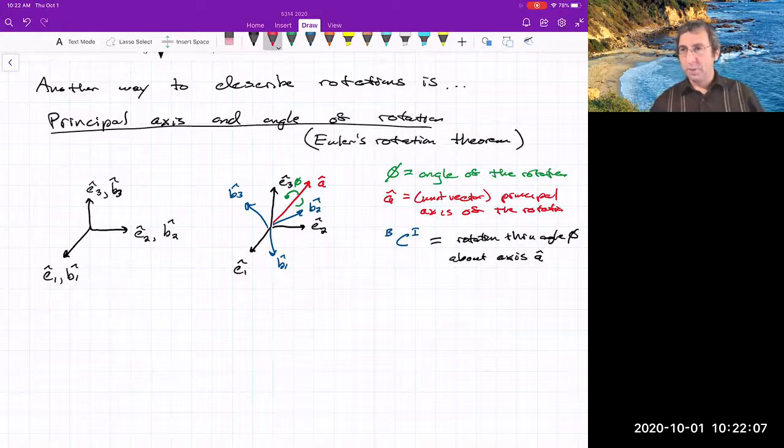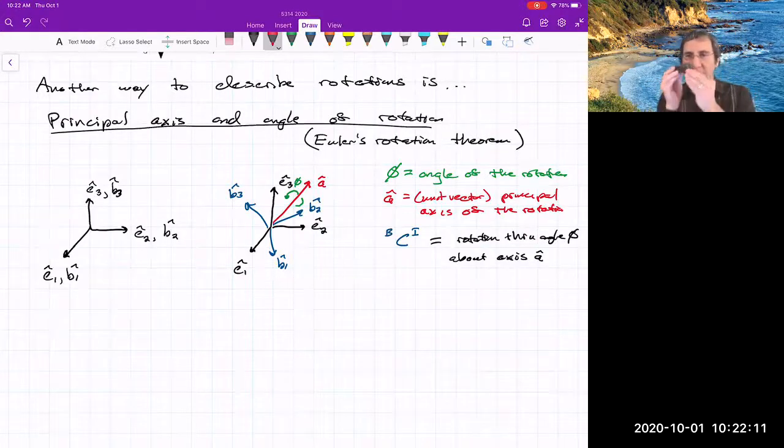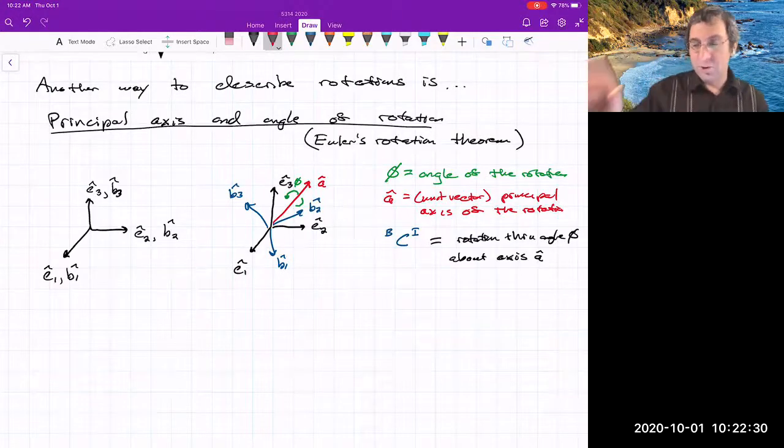I've got a GoPro here, which is kind of like a block. If I want to go from this reference configuration to any other configuration, that can always be written as a rotation about a single axis with a certain angle, no matter what the initial and final orientation are. And that's what Euler proved.